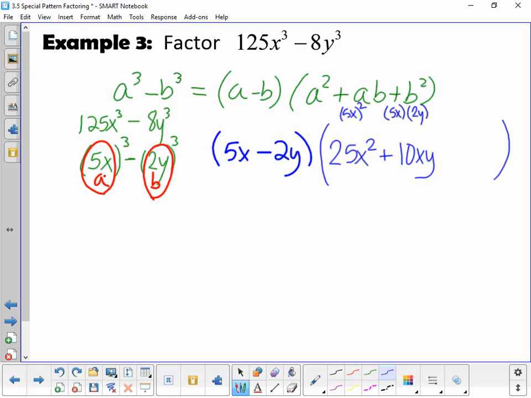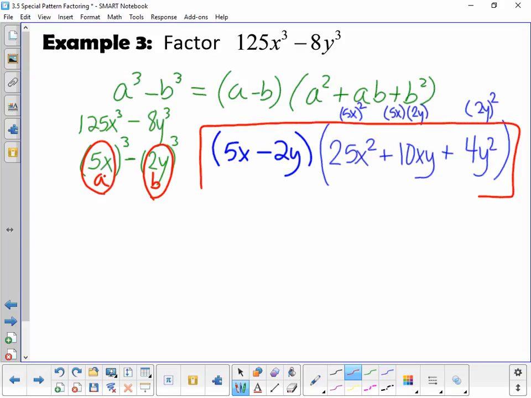And in the last position, we want to take our B value and square it. When we do that, 2y raised to the second power is 4y squared. So maybe a little more complicated looking with those two variables, but it's the same pattern. Figure out what A and B are, and then you can just put them into the formula somewhat carefully. So there's our factorization.